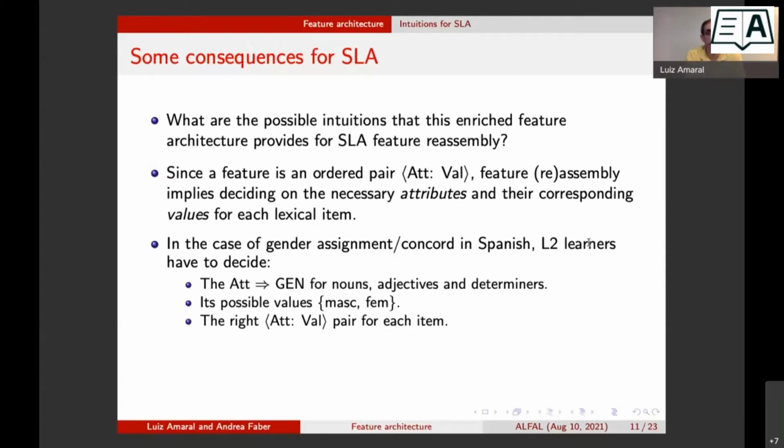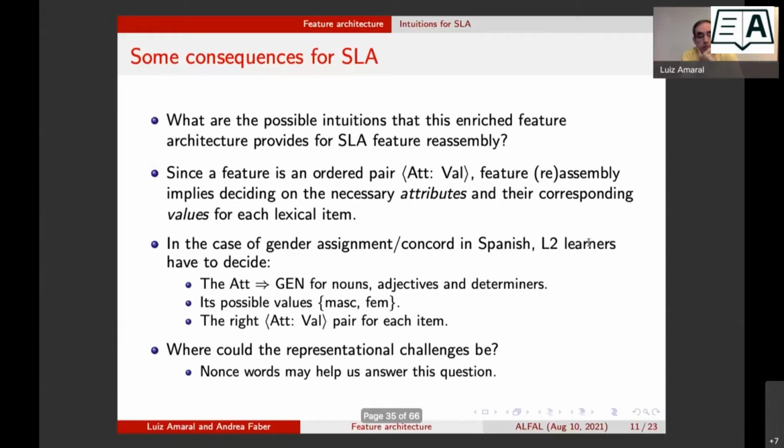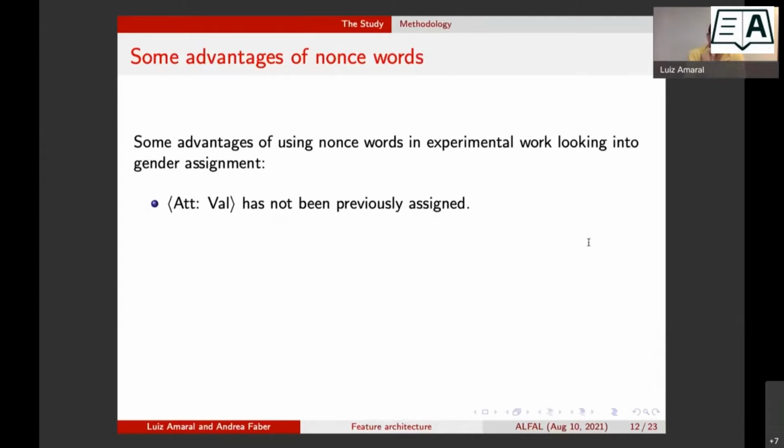And then we think that that's going to allow us to explain what's creating the problem, right? So where could the representational challenges be? That's what we are doing in our experiment: we are using nonce words to help answer this question, right? Why nonce words?